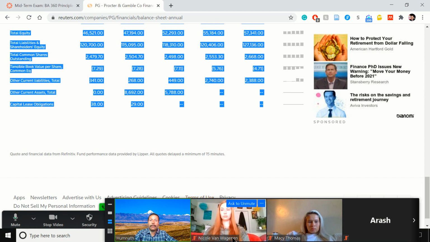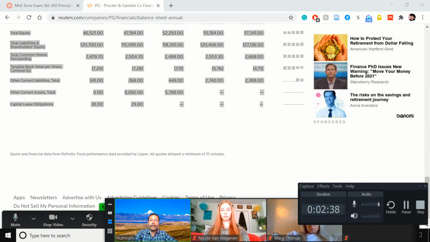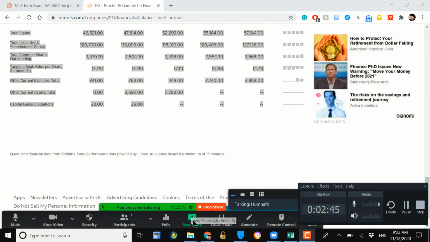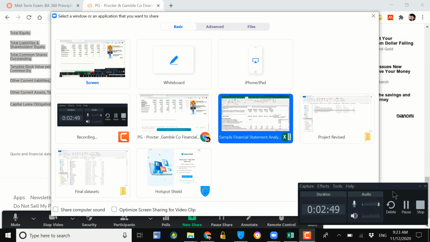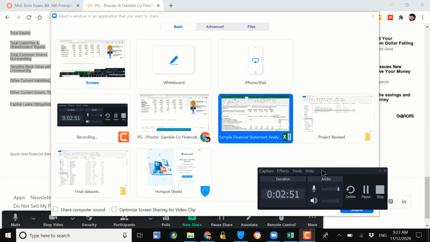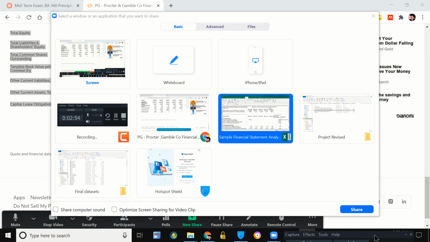I do that, I'm going to go to my Excel file. So let me go to my Excel file, and to get my Excel file, I need to share the Excel screen with you. Okay, so I'm sharing the Excel screen, and share.